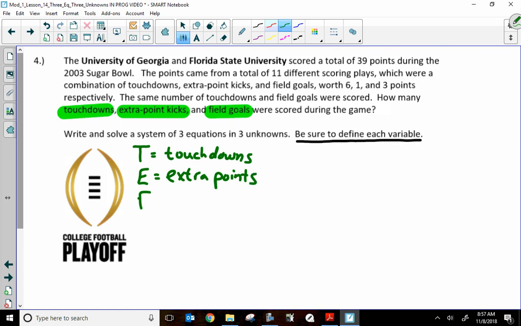And let F equal my field goals. Okay, you could have used lowercase letters. You could have used A, B, and C, A for whatever. I just like using T for touchdowns, E for extra points, and F for field goals because those words obviously begin with those letters. And I don't know, I like writing capital letters, so that's why I went with capital letters. All right, so here are our variables defined.